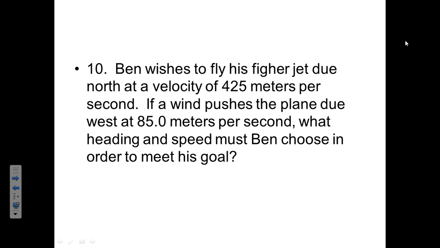So let's go to a slide and think about what we need to do here. Ben wants to go due north. The wind is pushing him to the west, which means Ben actually has to fly which way? North, east, right?